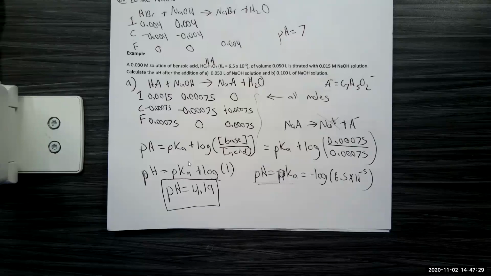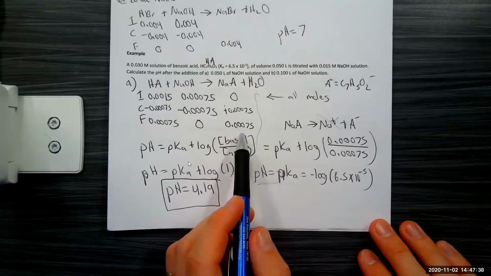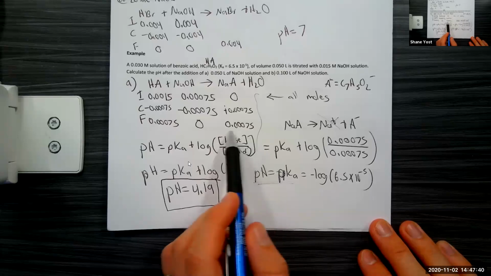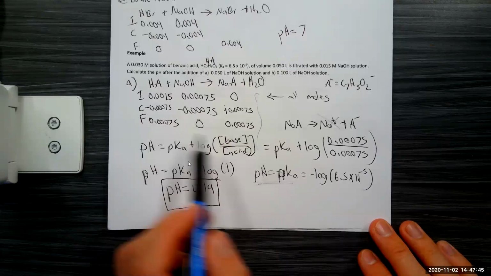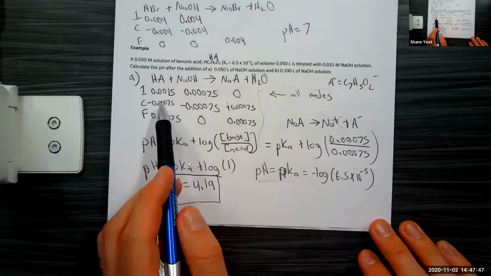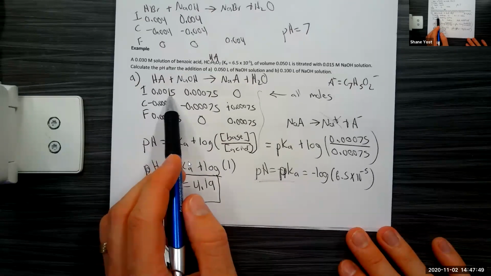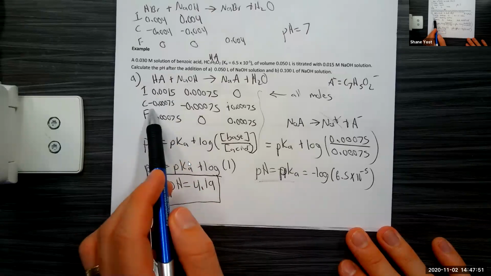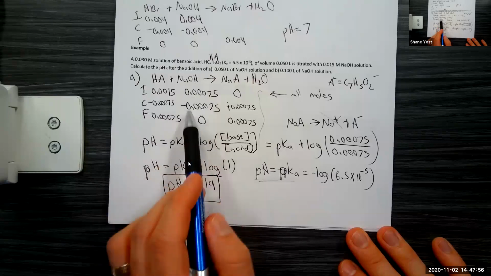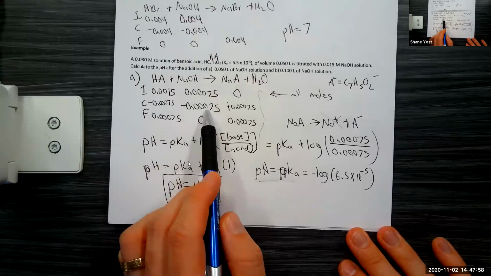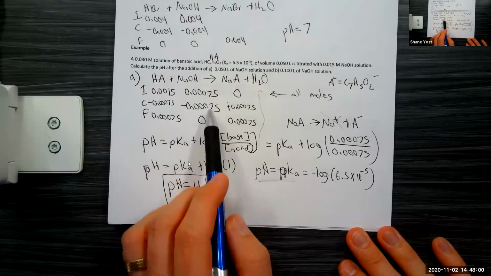Why is the final moles of HA 0.00075? I got that by doing 0.0015 moles of HA minus the amount I have to lose because of its reaction with the sodium hydroxide, which I had 0.00075 moles of.